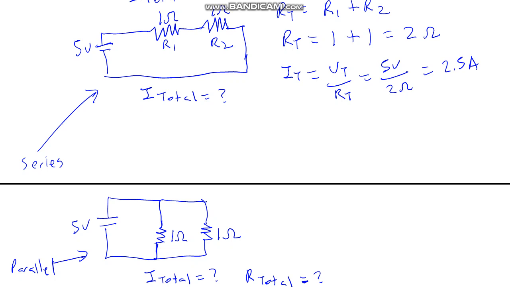So in order to figure it out, we have to use a different equation, which is 1 over RT is equal to 1 over R1 plus 1 over R2. You have to use this equation because in parallel, resistances add up differently. So here, 1 over RT is equal to 1 over 1 plus 1 over 1. And that gives you 2 over 1.